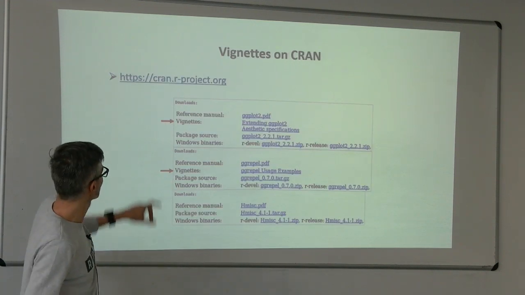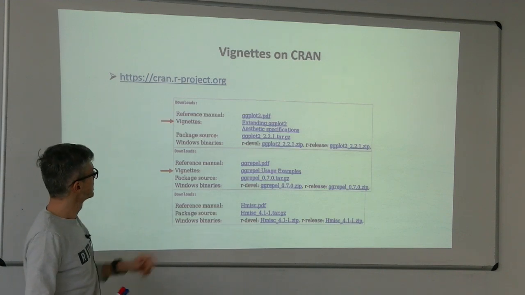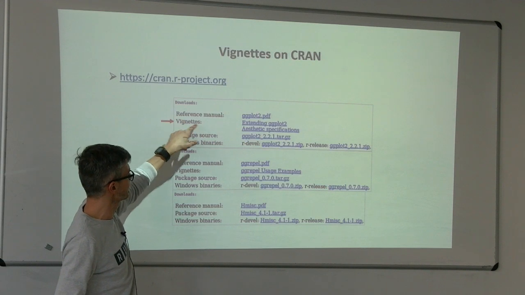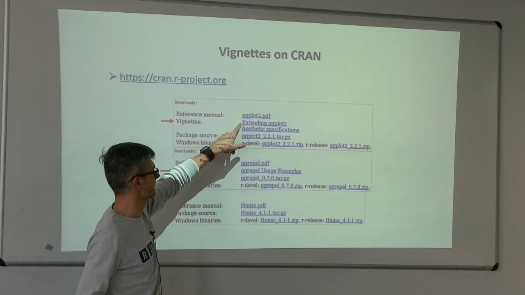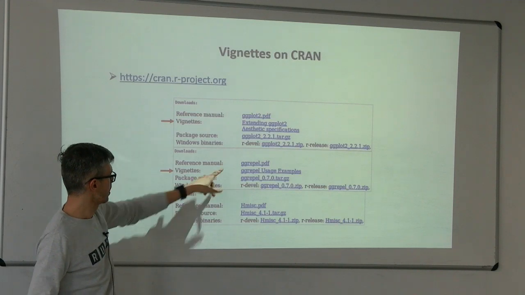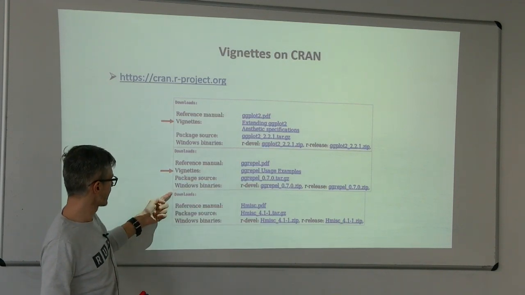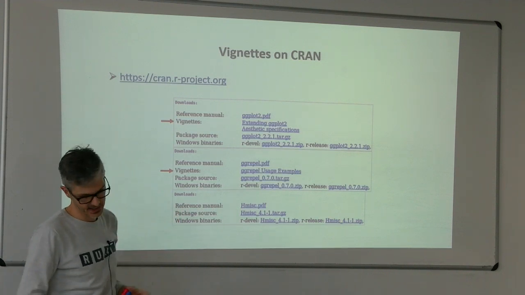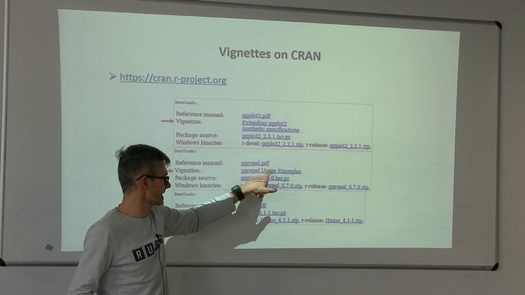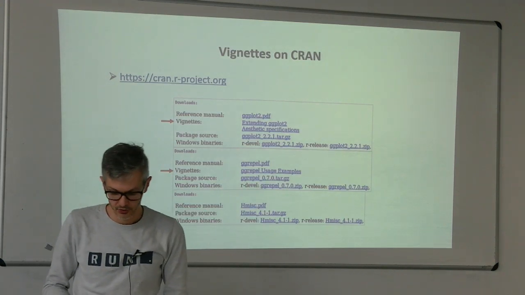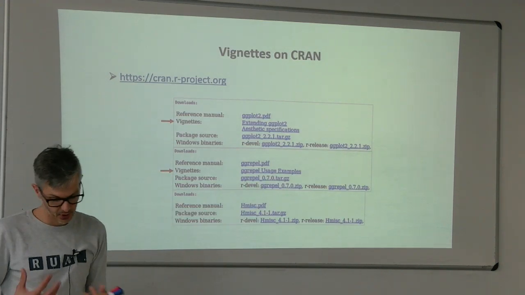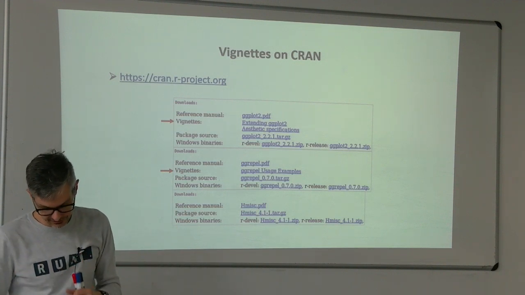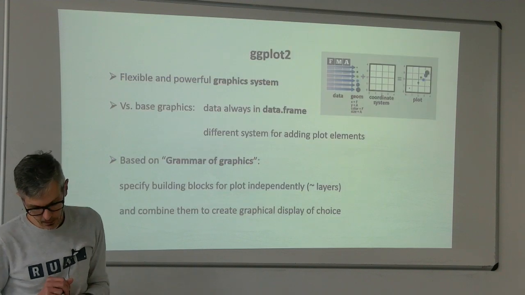But you could also go online to the R project website, look for a specific package like ggplot, and here you will find the vignettes with much more information and examples of how to use it. Also here for another package, and for this one you don't find that, so you don't have any vignettes in this case. Usage examples are always very useful to have a look at if you want to do something and you don't know how: copy paste the example and then modify it to your needs.